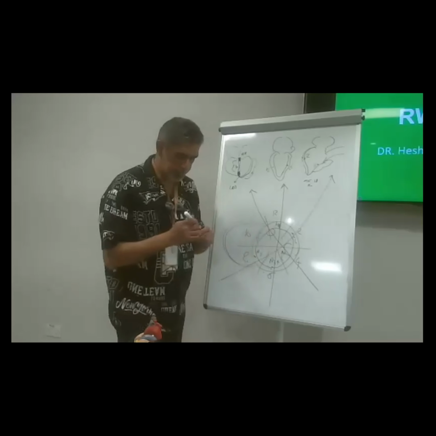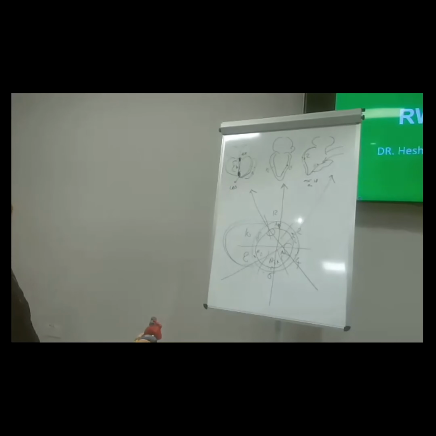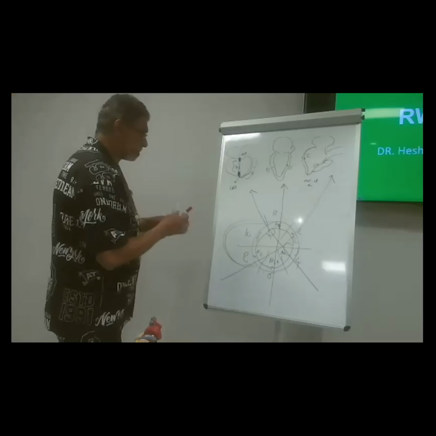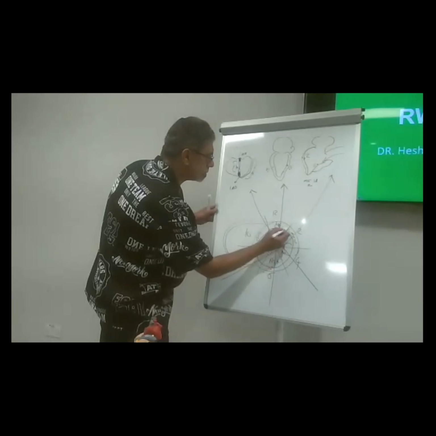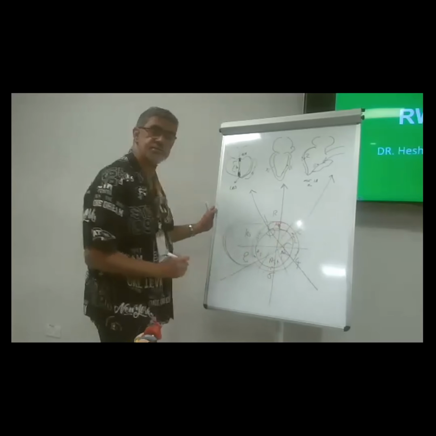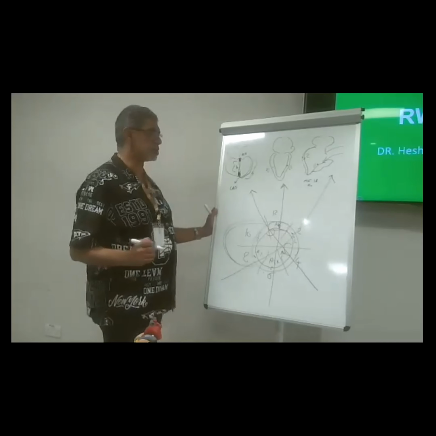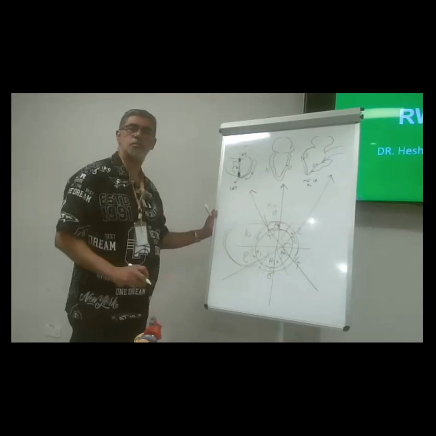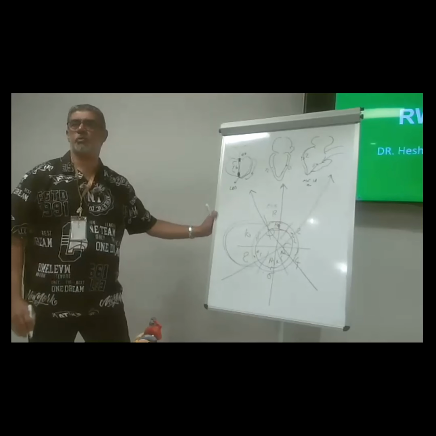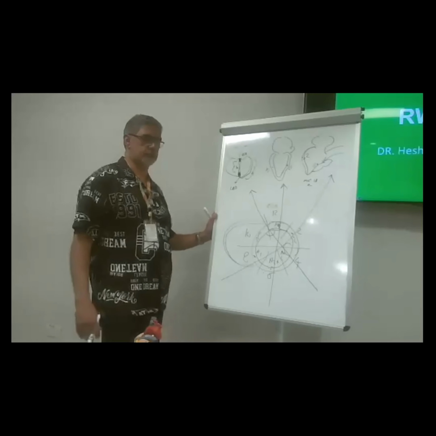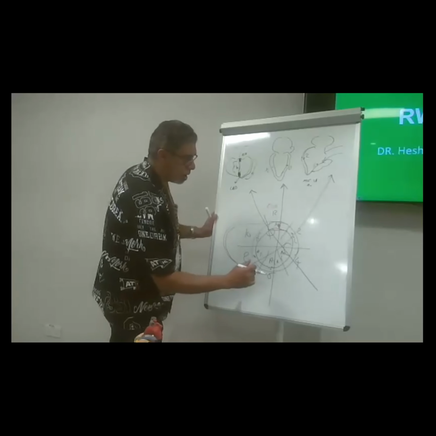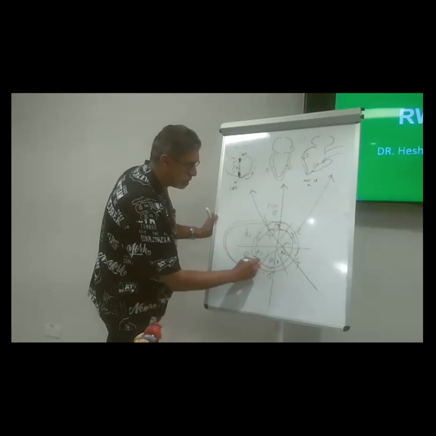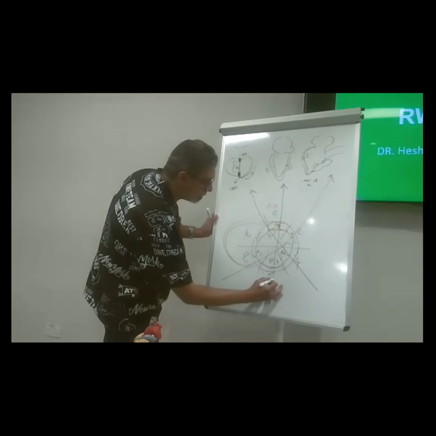Here, this one, what's the name? Inferior. What's the supply? RCA. Pure, most probably. Pure RCA. What's this one? What supply?